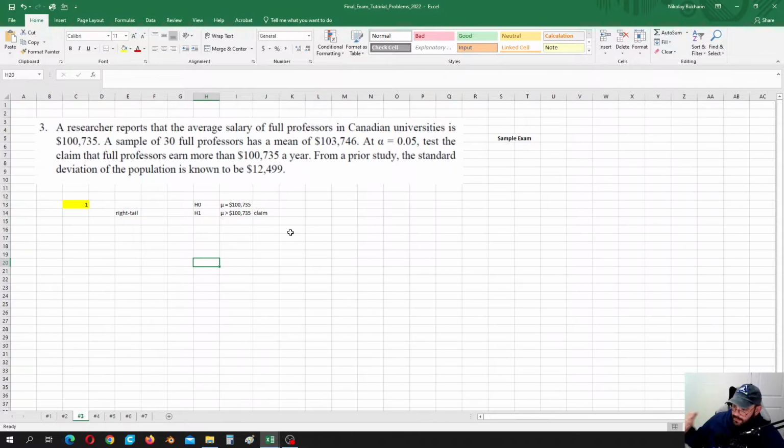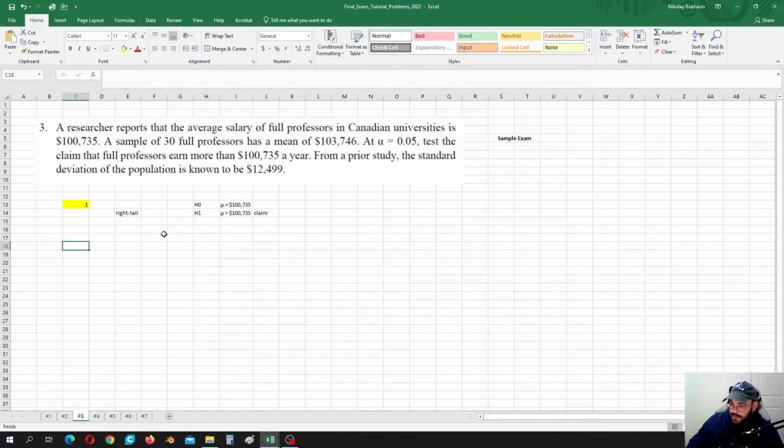It's very important to formulate H0 and your claim, because the claim is what we're testing, and H0 is going to be our preliminary conclusion. We reject or we don't reject H0, and based on that we make the final conclusion about our claim. That is why it's very important to formulate both, because it defines what we are going to do.